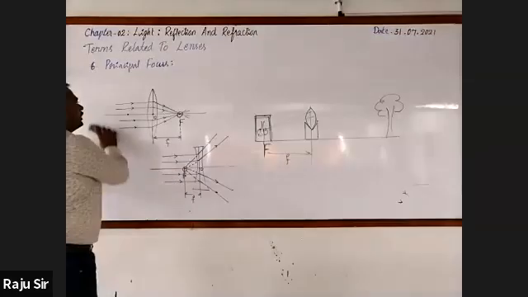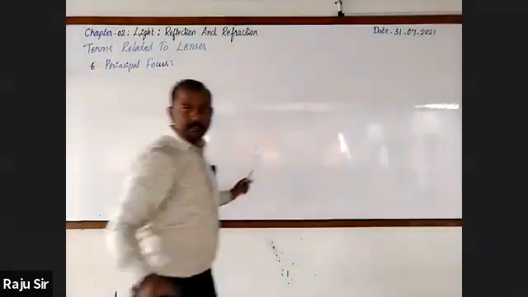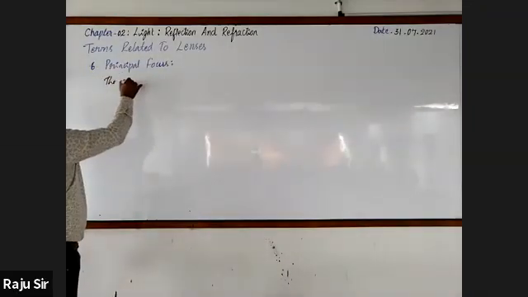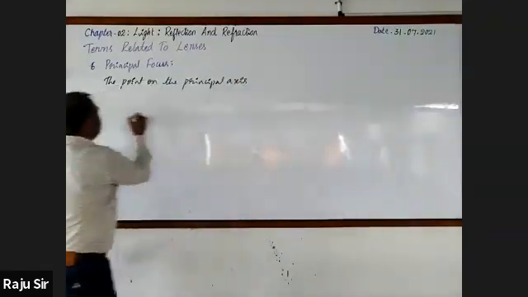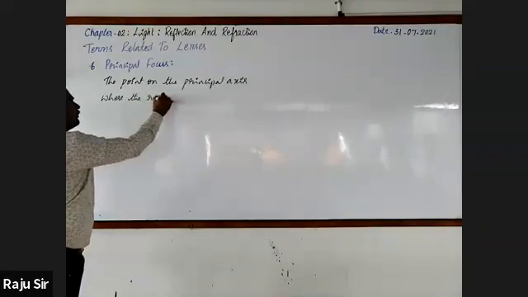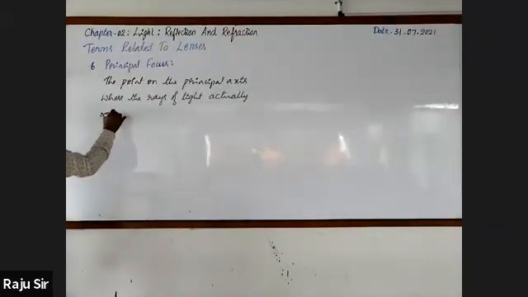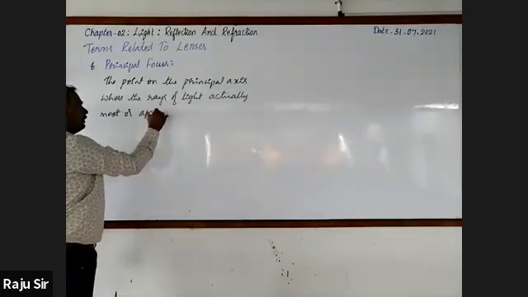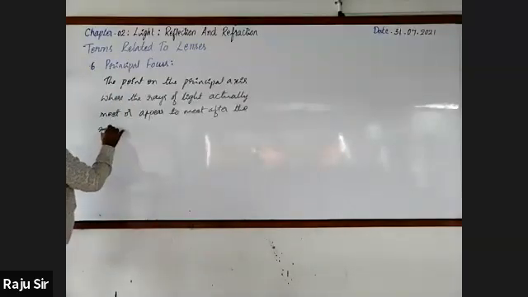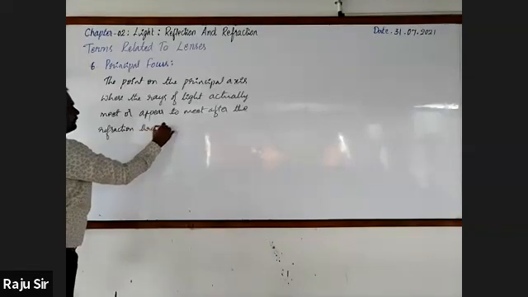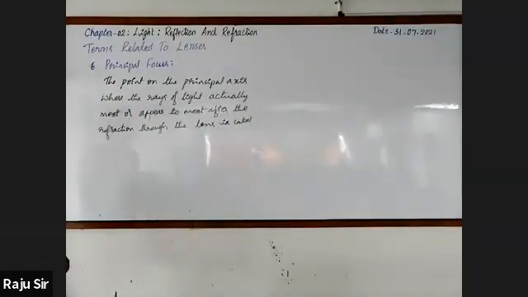The definition: the point on the principal axis where the rays of light actually meet, or appear to meet, after the refraction through the lens is called principal focus.